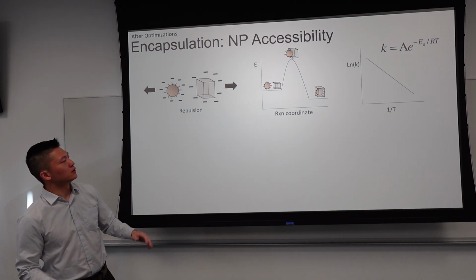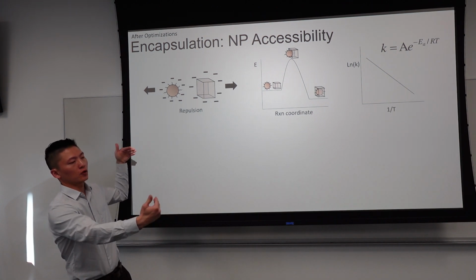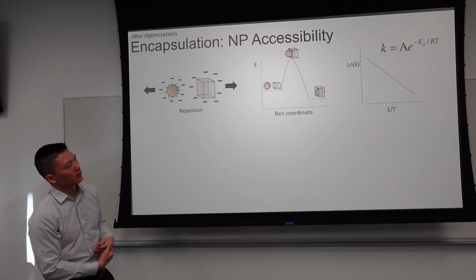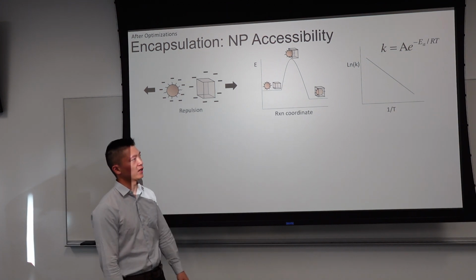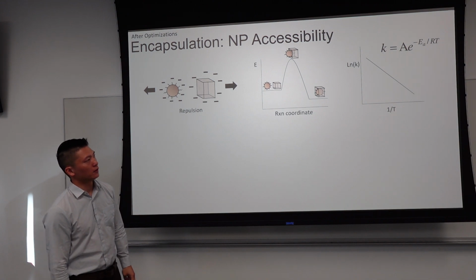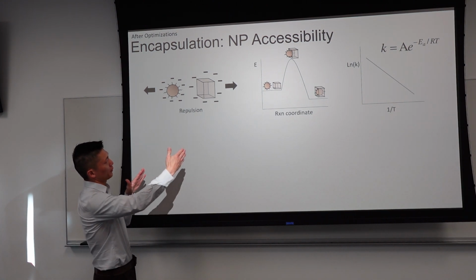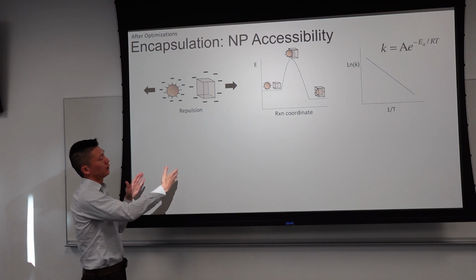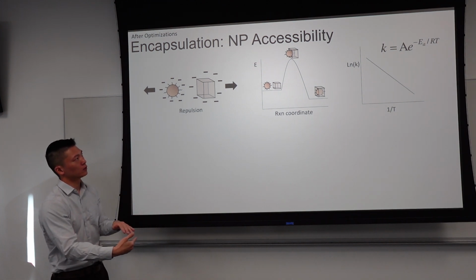So just an example: the nanoparticle can enter the cage from either opening, the front or the rear, and of course, we know that the pre-exponential factor, the letter A in the Arrhenius equation, depends on orientation. So what would happen if we close the rear end of the cage opening so that there's only one opening for the nanoparticle to enter?